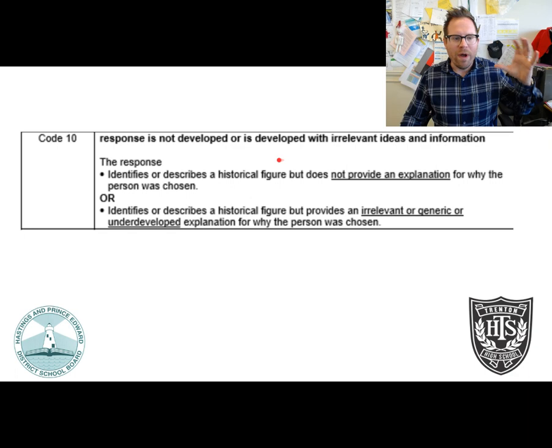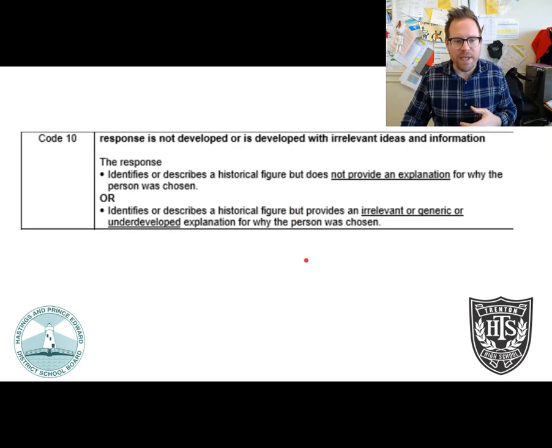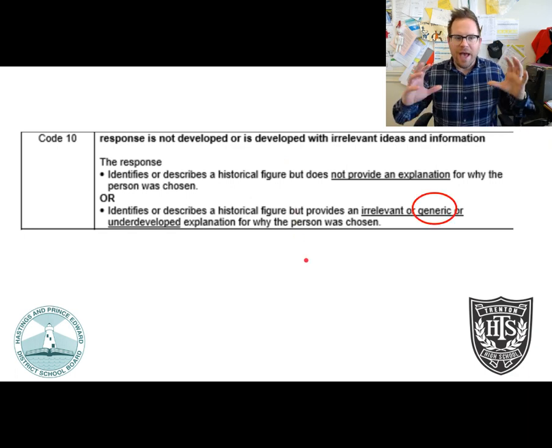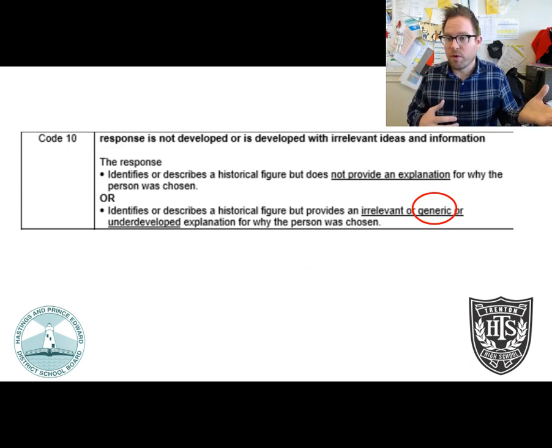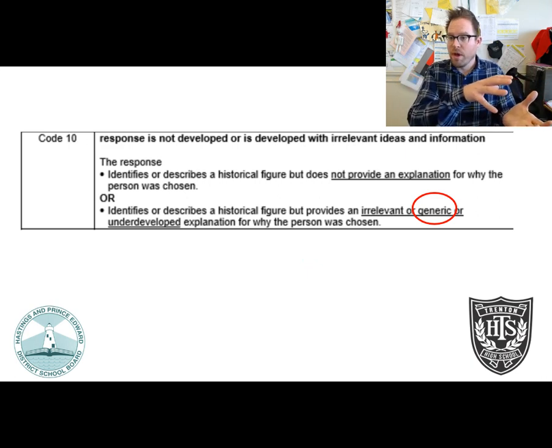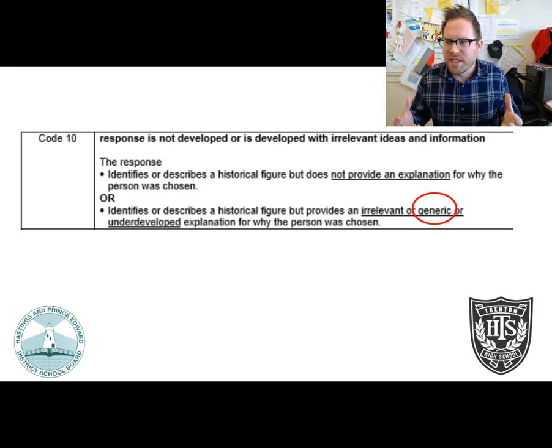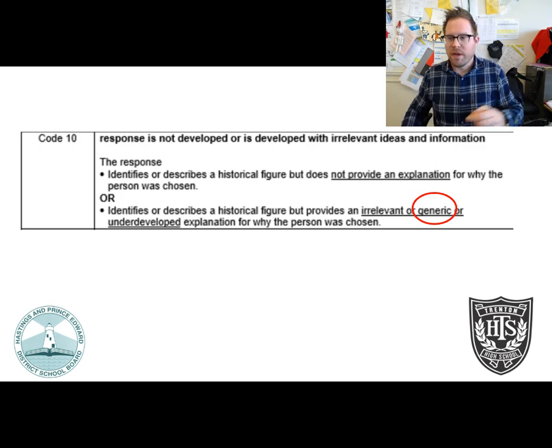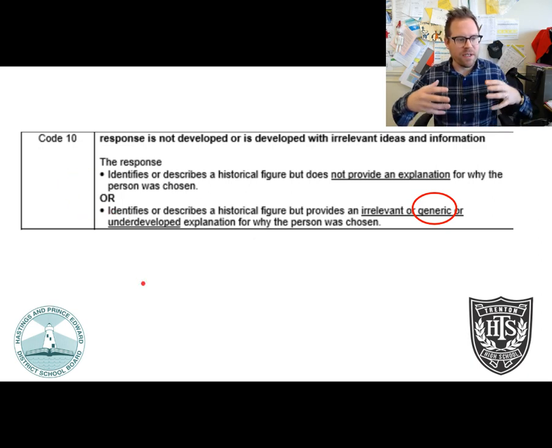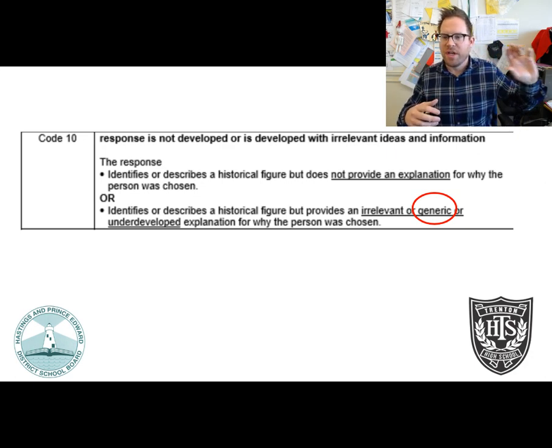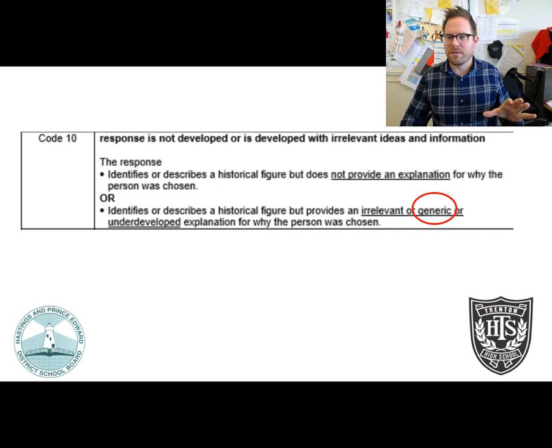What that basically means is that the response describes a historical figure, but you don't really explain why you've chosen this figure at all. Or, as it says down here, the second one, it identifies and describes the historical figure, but really provides generic details.